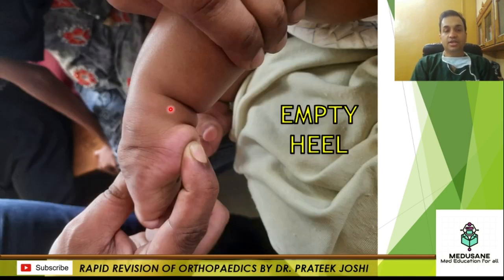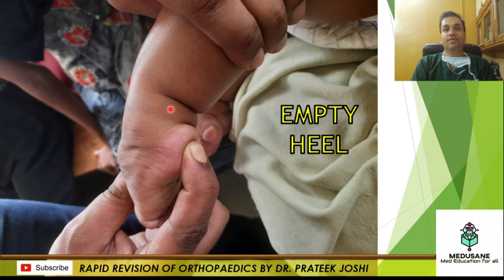Last but not the least, we have to look for an empty heel, which means that because of the malposition and the dysplasia of the calcaneum, in this case the heel would not allow palpation of the calcaneum, which means that if we palpate the heel with the thumb or with the index finger, and if we are able to feel the calcaneum completely, it is a Pirani score of 0.